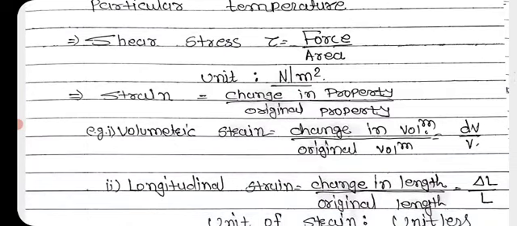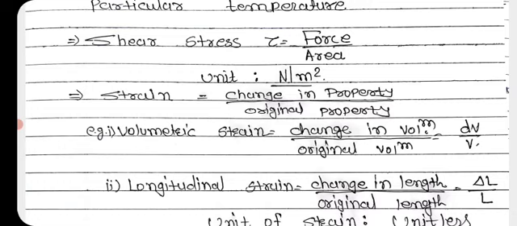Then the next definition is strain. In general, strain is equal to change in property divided by the original property. Then there are many types of strain: lateral strain, longitudinal strain, volumetric strain, right? If it is longitudinal strain, then the property is length.